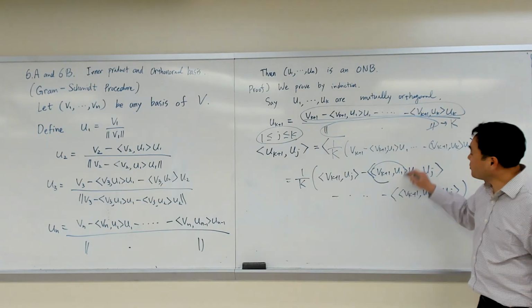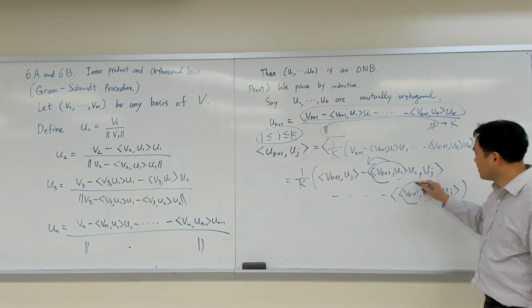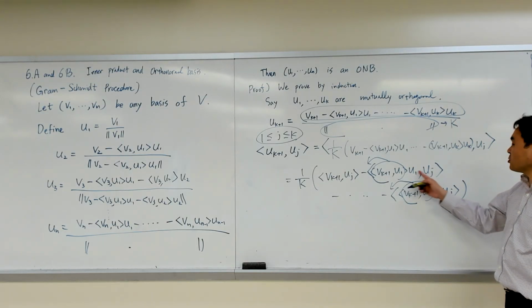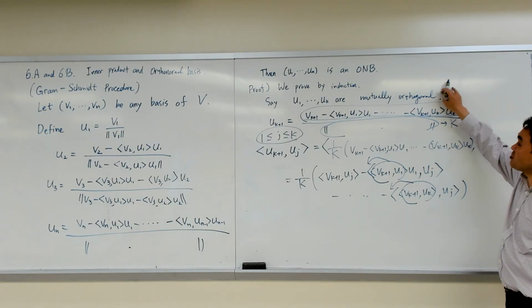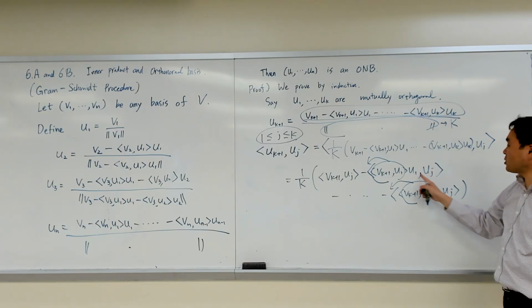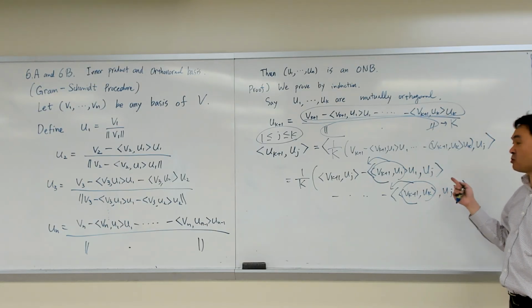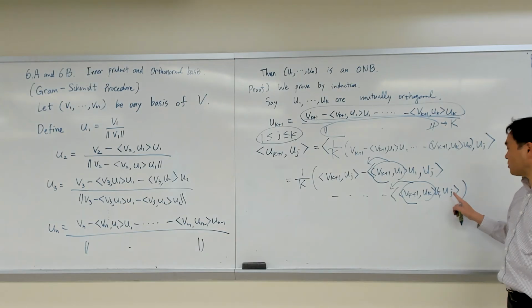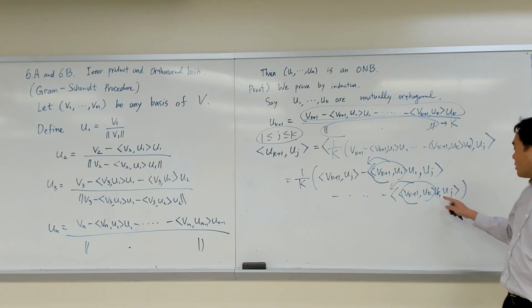And these coefficients all come outside. We know that it's mutually orthogonal, so for u1 and uj, as long as j is not 1, this inner product gives 0. So all of these will be 0. Sorry, there should be uk here. So (uk, uj) will also be 0 if j is not equal to k. The only thing that's not 0 is the term with uj.